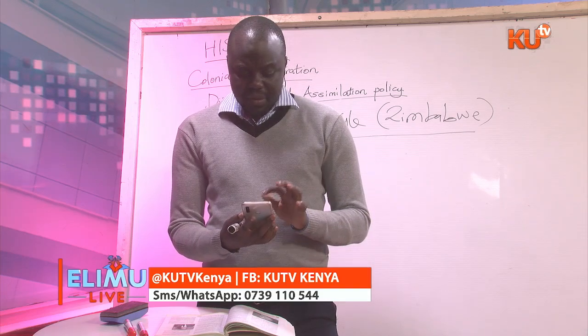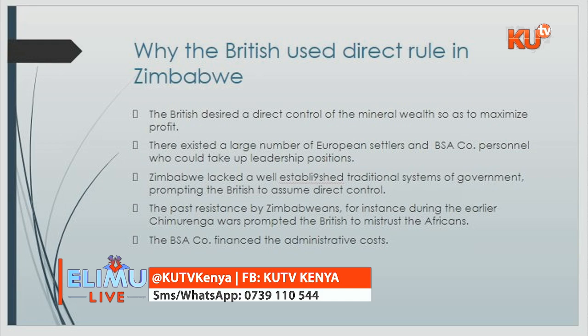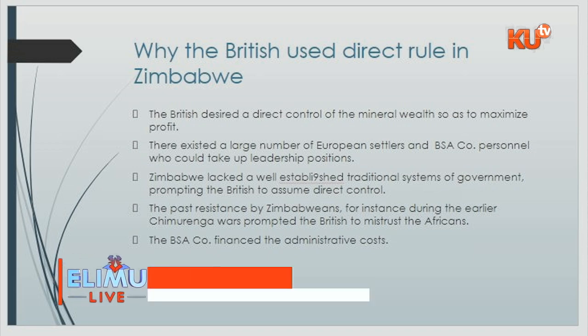Then again, the BSAC, the British South Africa Company, financed the administrative costs. So the British were not going to have a lot of personnel on their payroll, unlike in Nigeria, where, you remember, the British lacked adequate personnel and the financial muscle to pay everybody from the chief up to the colonial secretary.